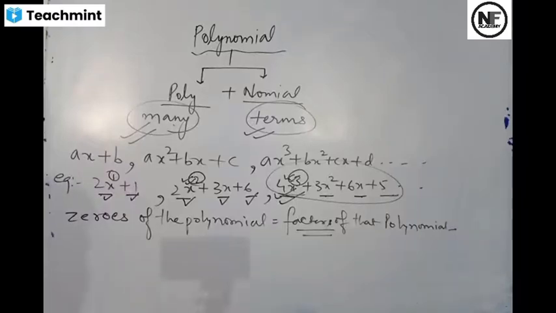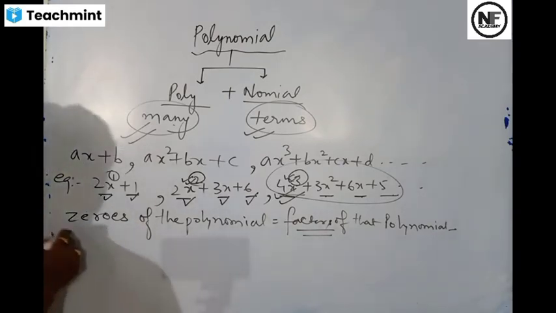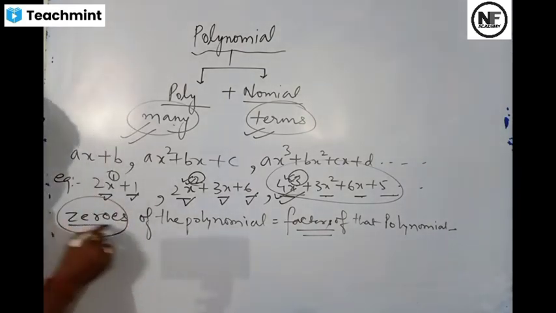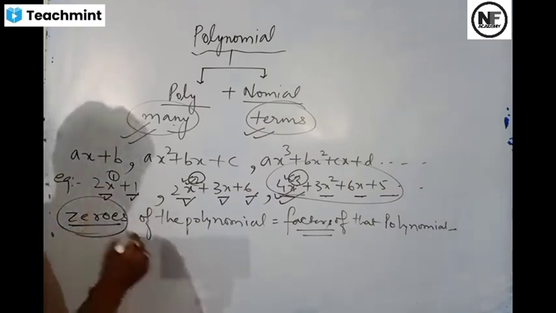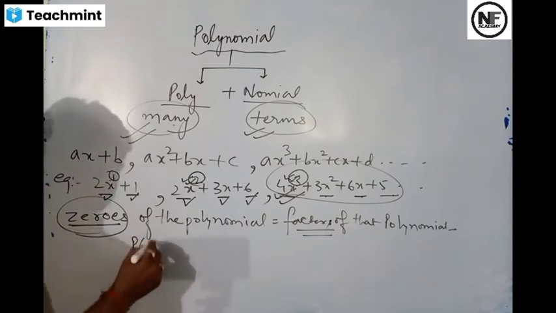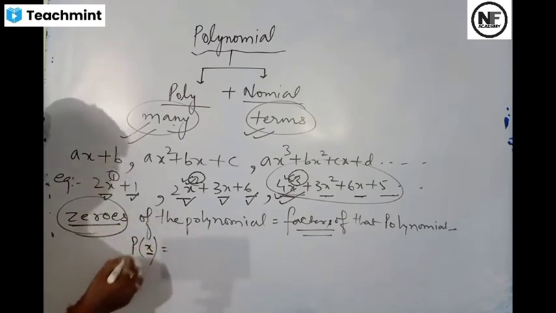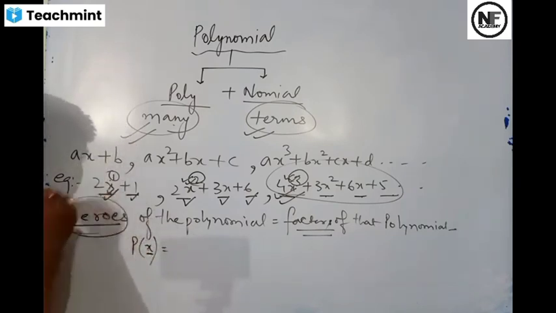Is it clear to you all? So when we talk about the zeros of a polynomial, it means that, suppose the polynomial is in x, because we are using the variable x only.